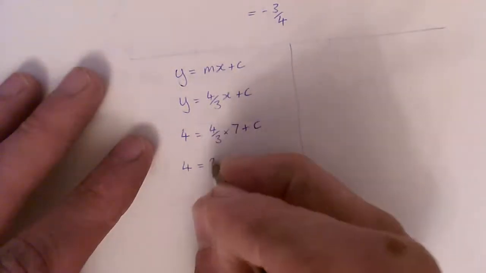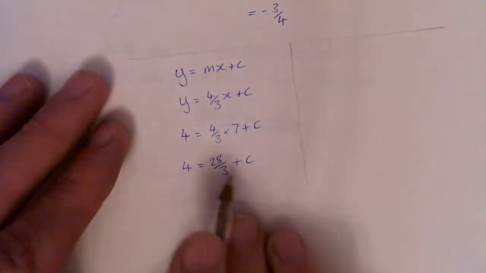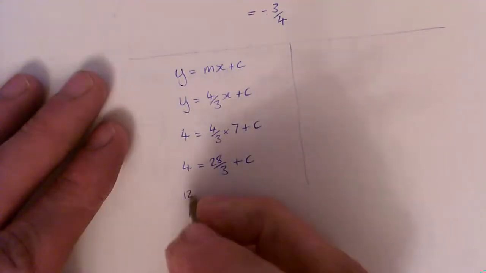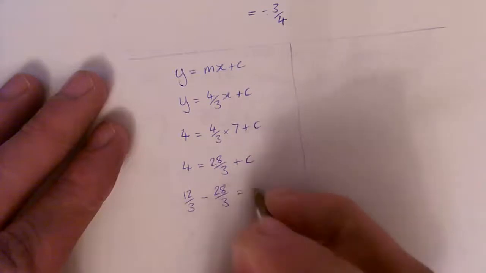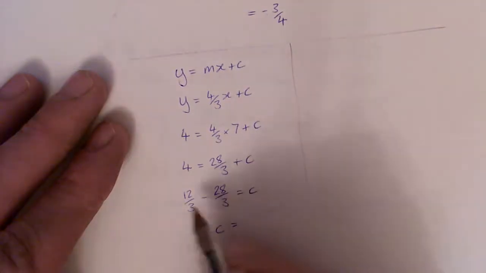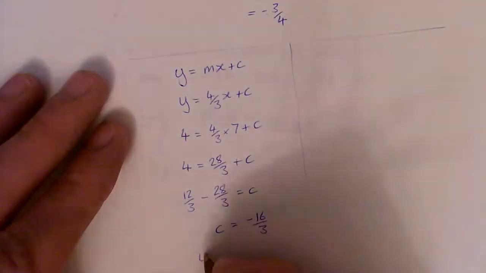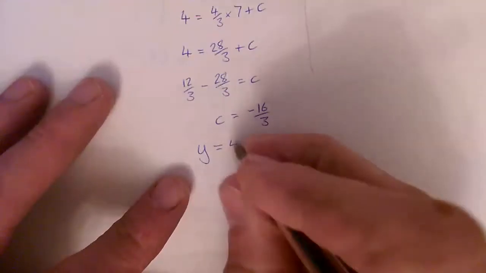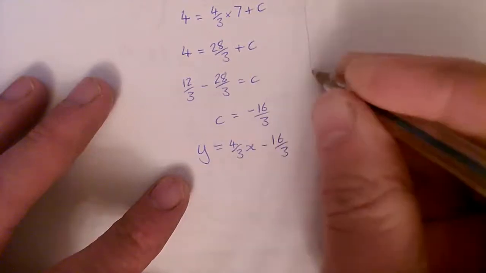We've got 4 equals 28/3 plus c. Easiest to write 4 as 12/3. 12/3 take away 28/3 equals c. And so c equals 12 take away 28, which is minus 16/3. So our final line equation is y equals 4/3 x take away 16/3.